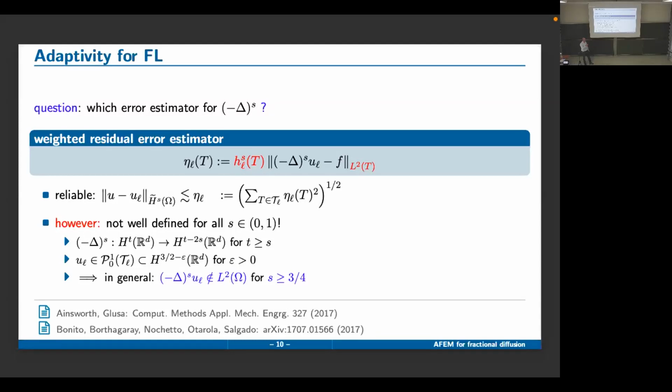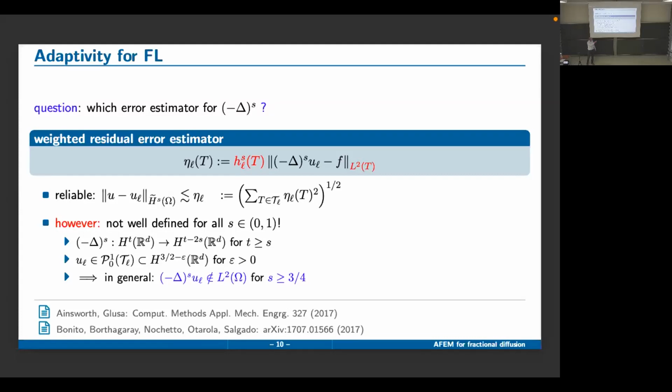A discrete function is in the piecewise polynomial space P1, but this is a subspace of H^{3/2-epsilon} for any epsilon, but not more. So if you make this regularity shift of 2s here, you might get a function which is not in L2. For example, if you take the fractional parameter bigger or equal to 3/4, this will not hold.